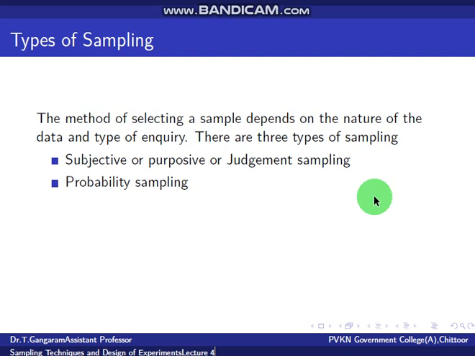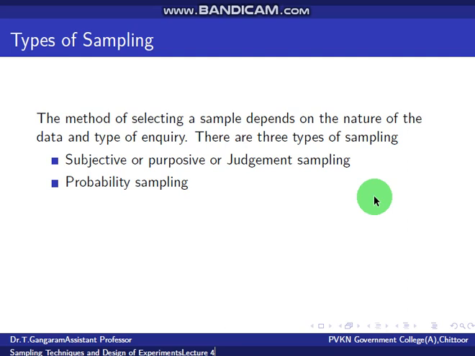Next sampling technique is probability sampling or random sampling technique. This is a scientific method of selecting the samples according to some laws of probability. In this method, each unit of the population has an equal chance of being included in the sample. This sampling supports the statistical theory of randomness and it is representative of the population.